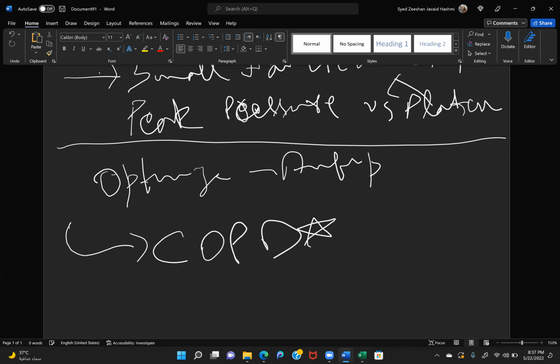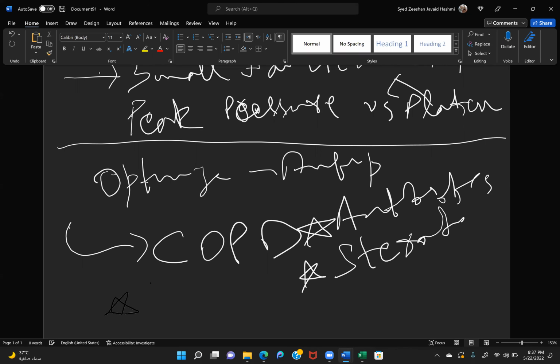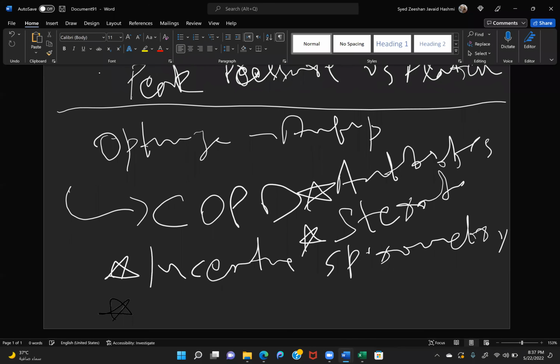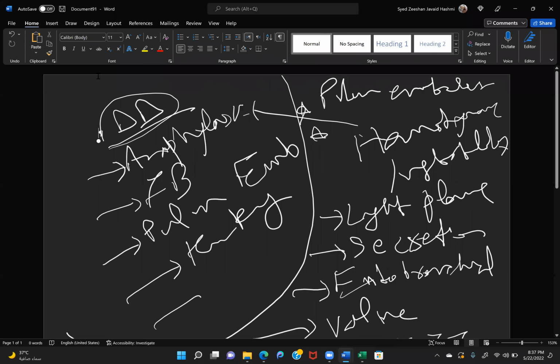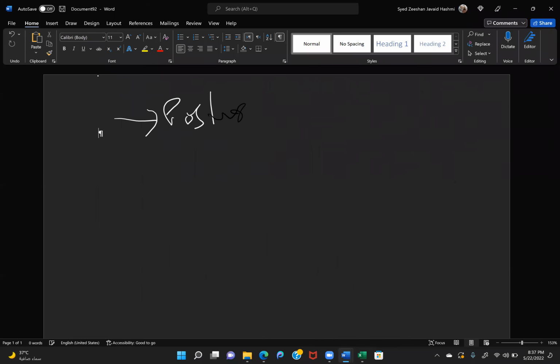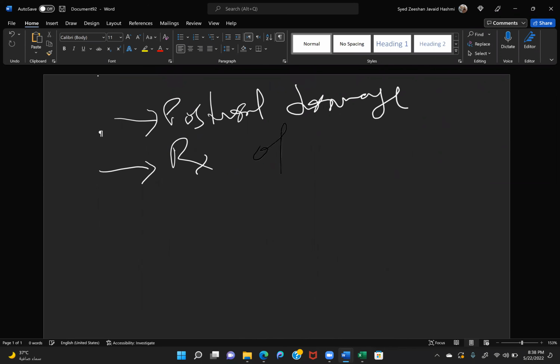There will definitely be antibiotics, steroids, incentive spirometry, chest physiotherapy, oral steroid courses, postural drainage, and management of heart failure, which is common in these patients.